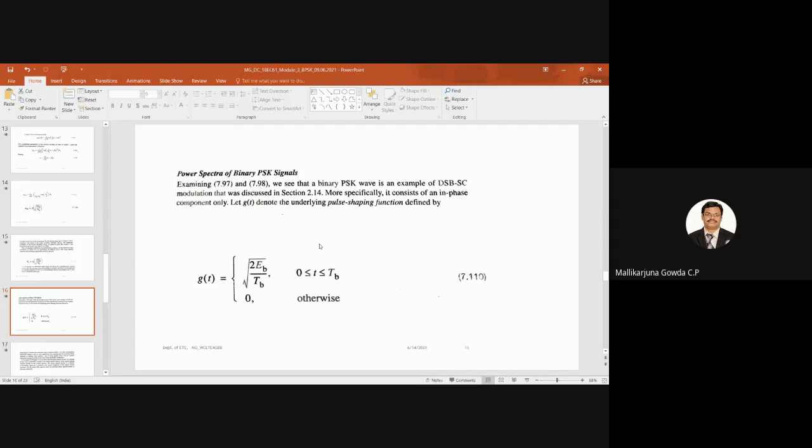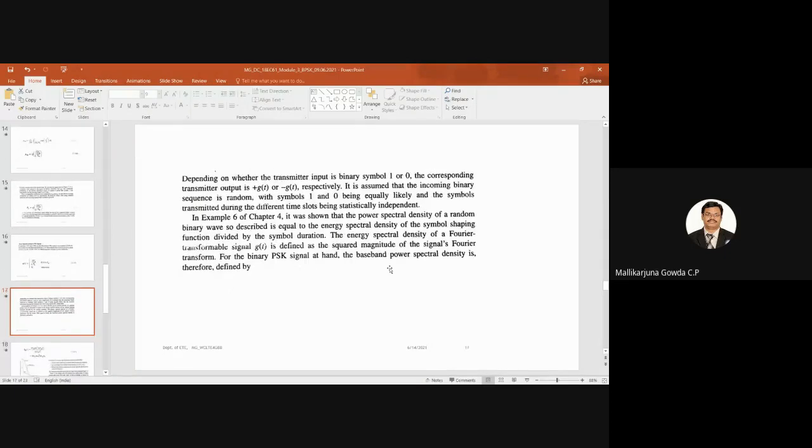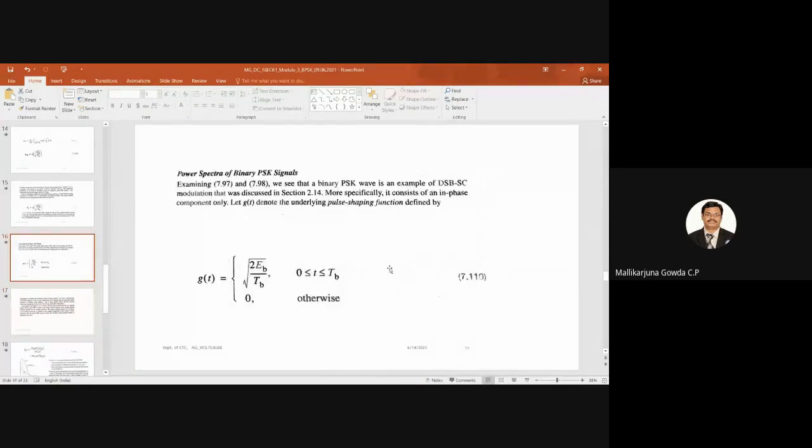The input binary data, zeros and ones, will be passed through the polar NRZ encoder. The shape of that pulse I can represent mathematically like this: root of 2 Eb by Tb over the interval 0 to Tb, otherwise it will be 0. So this is my g of t.